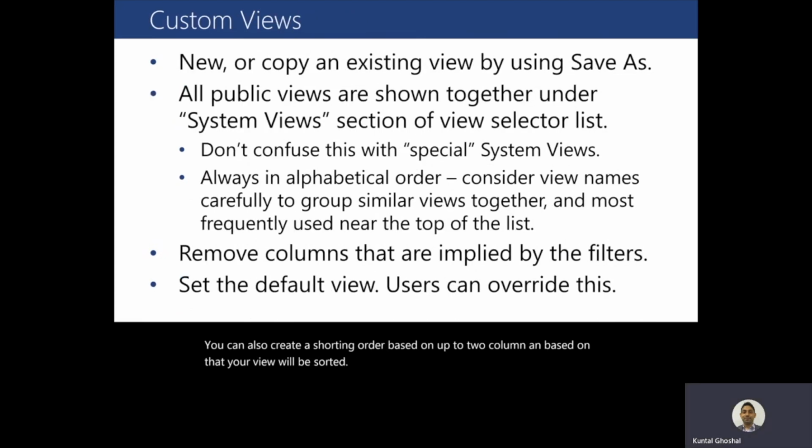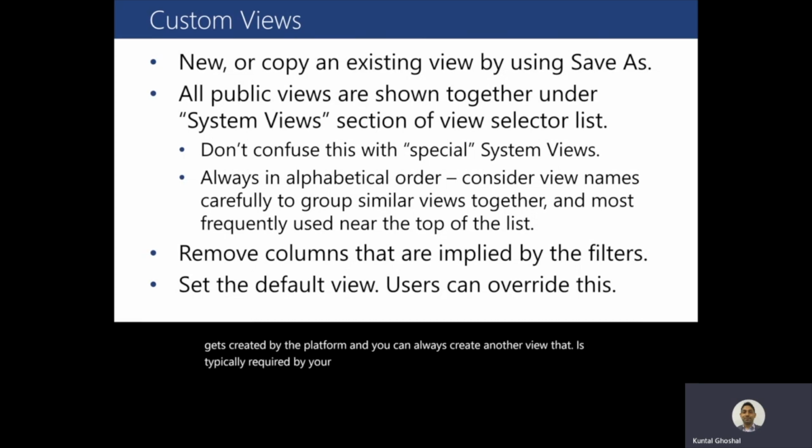There are some system views that already exist, and when you are creating an entity, there are some views for those custom entities which already get created by the platform. You can always create another view that is typically required by your organization.